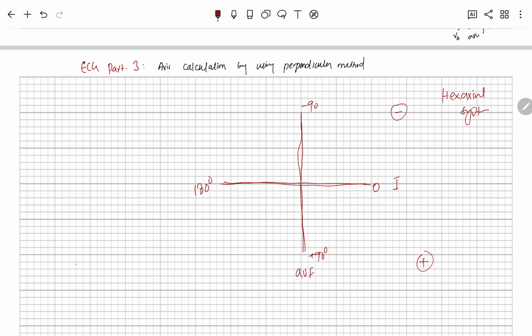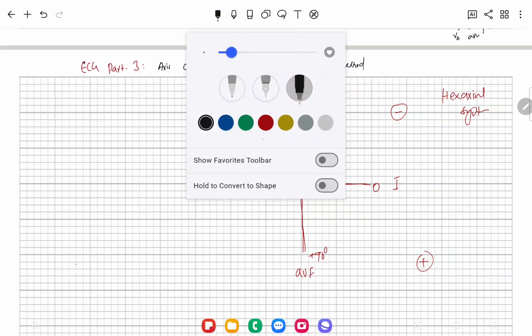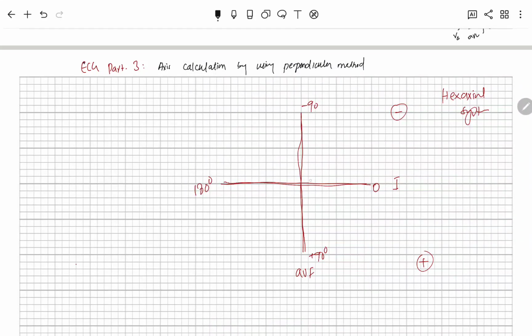Then we need to place the leads at 30 degree intervals. So from 0 we have minus 30, then minus 60, then 90 degrees, and adding 30 degrees we have minus 120 degrees, and then minus 150 degrees.